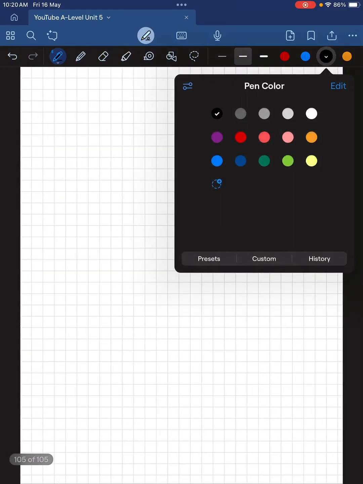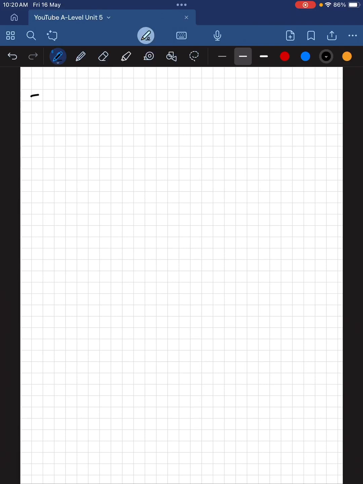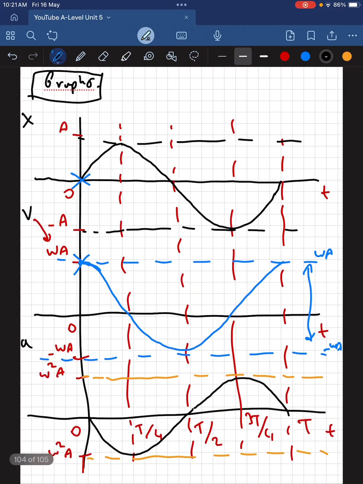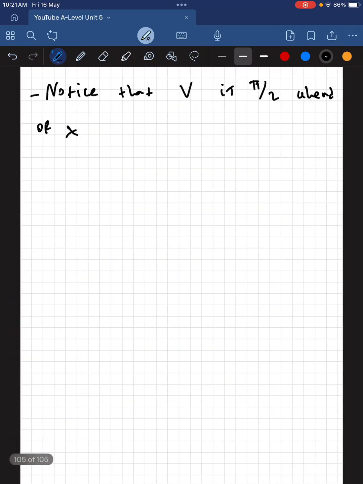So some things that we can notice from the plots is that the velocity v is pi over 2 ahead of x, and this is because the velocity is at the maximum when the displacement is at the minimum, so it's pi over 2 shifted to the right, just like the sine function, okay?